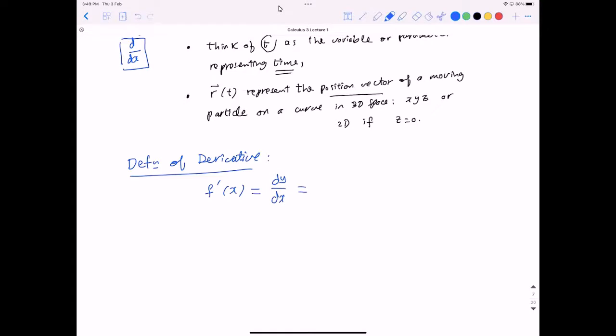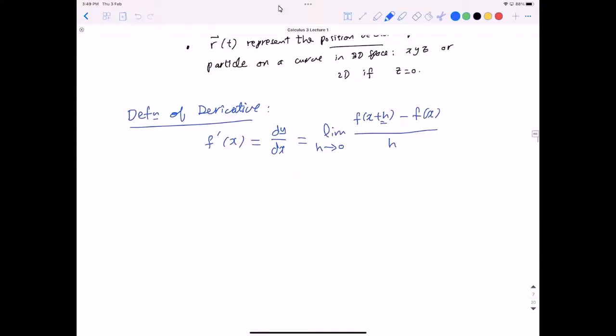It is a limit. For this, we revised limit last time. Limit of f of x plus h, the value of the function after some change, minus the value of the function before the change, over this change, when this change is infinitesimal, tends to 0, a small change in x. This was the definition of derivative in one variable.